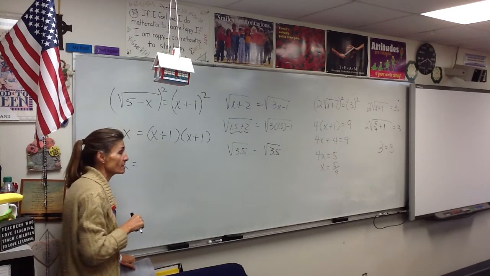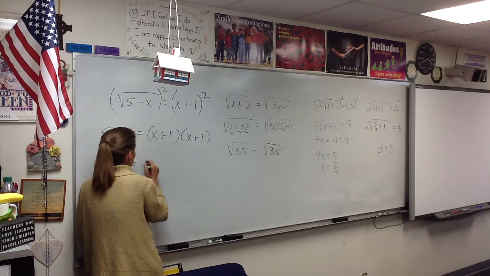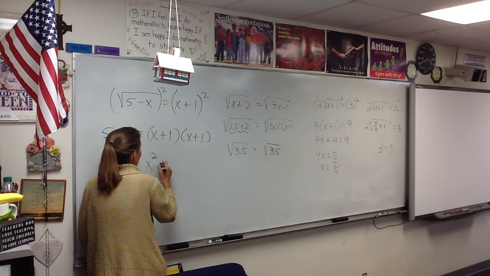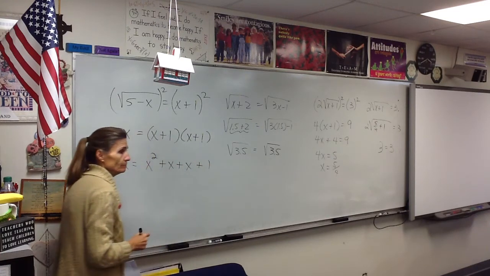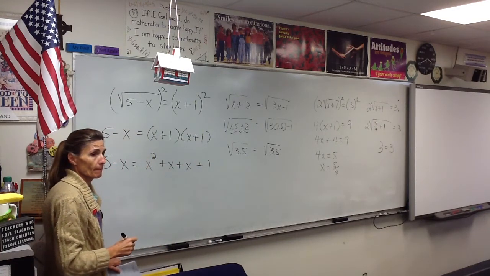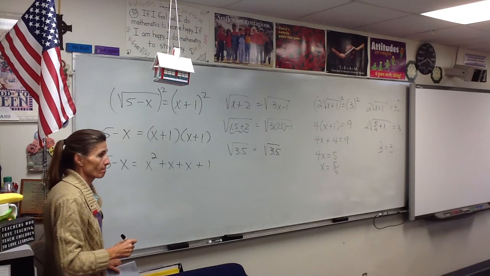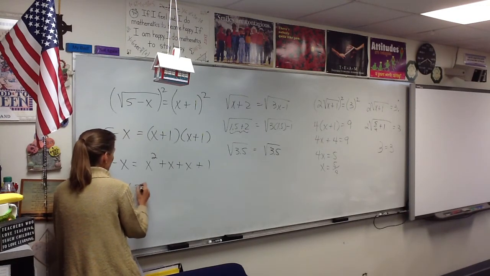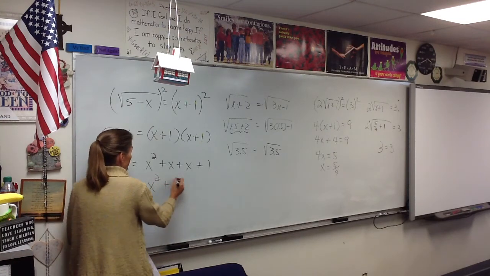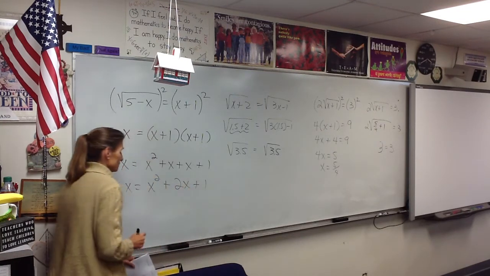That's what FOIL stands for. So first times first, outsides, insides, and last. So I have 5 minus x equals x squared plus 2x plus 1.